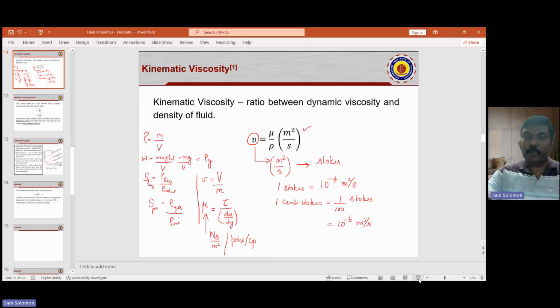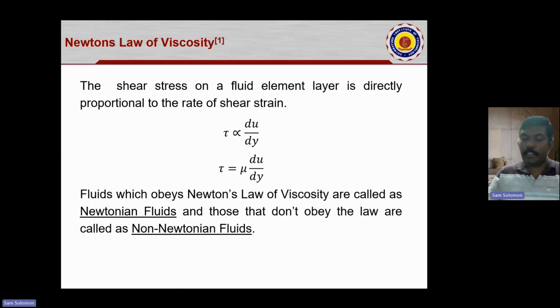So let's move on to the next topic, which is Newton's law of viscosity. This is very, very simple. Newton's law of viscosity simply tells you that the shear stress is directly proportional to the rate of shear strain, or the velocity gradient, or the rate of deformation.